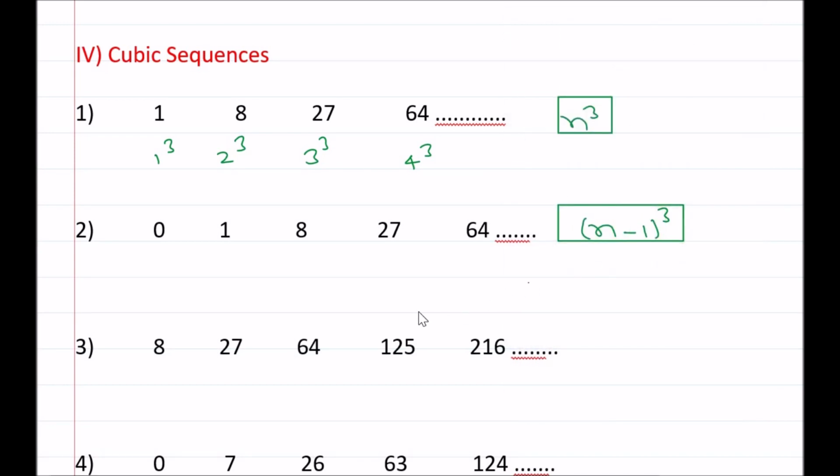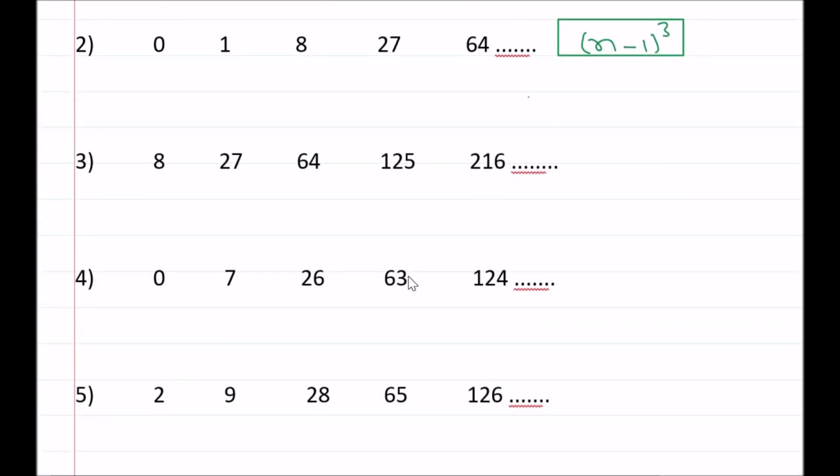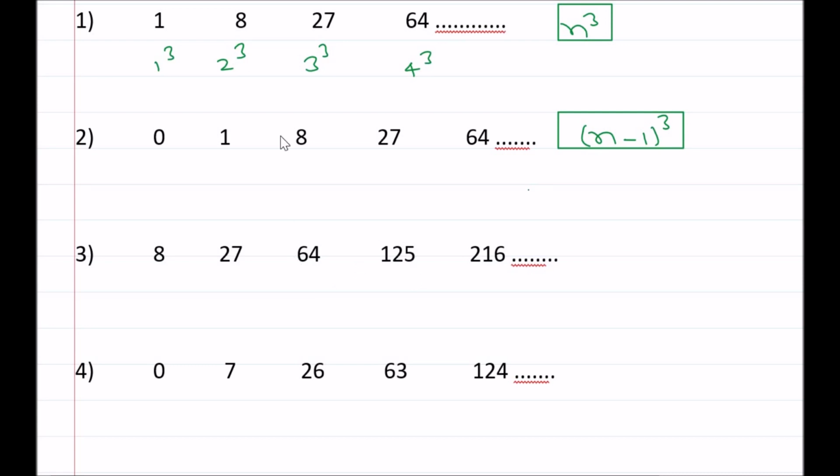Okay. Now next: 8, 27. See, if you compare, the cube numbers are 1, 8, 27, 64, 125, and so on, right? But this starts from the next value, that means it is n plus 1 whole cube.